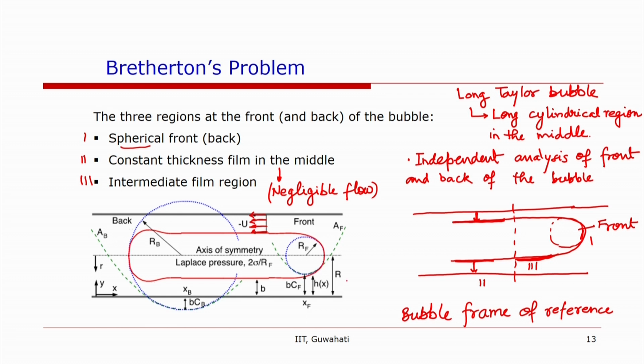The channel radius is r, the film thickness is b, and the thickness of the film in the intermediate region is considered to be h, and it is varying along the axial direction. The axial direction is x, and considering the origin at the wall, we have x and y, the coordinates near the wall.